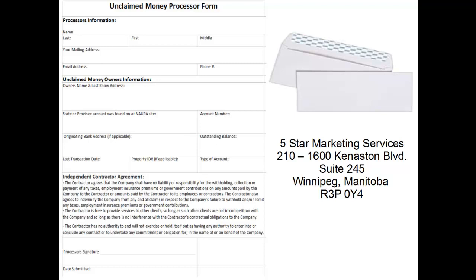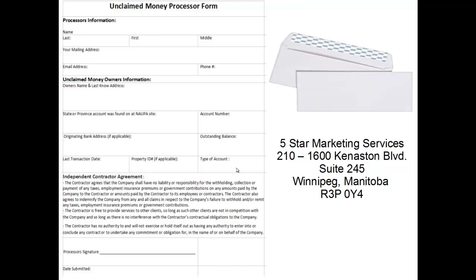You're putting the account number if it's applicable. If it's not applicable, just put N/A. And same thing with the property ID. Some of the state and province sites require a property ID if it's a property account. You would just put that number in there. If it's not, then you just again put N/A.